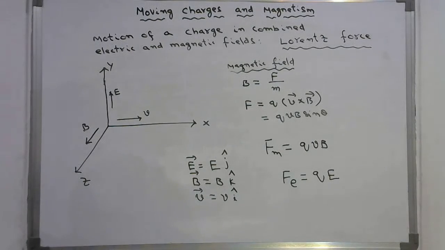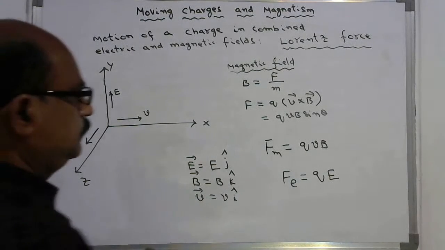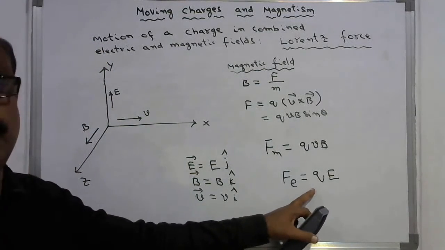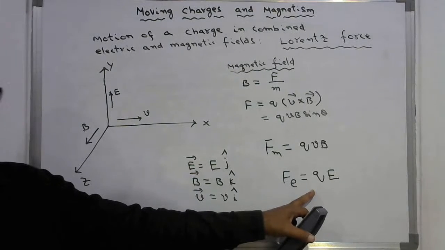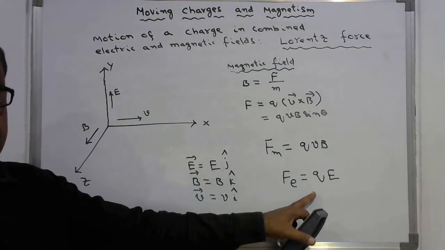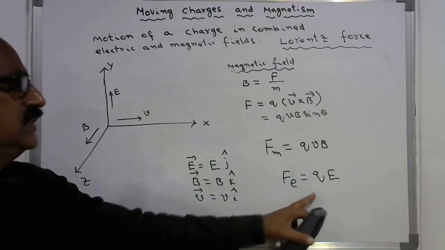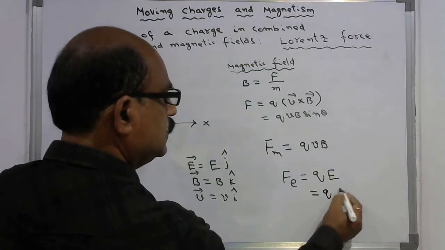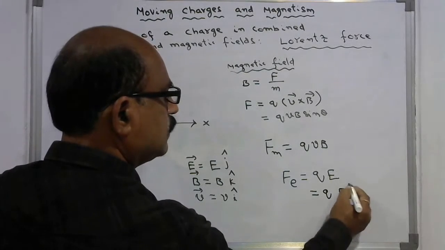Now the force due to the electric field, Fe, is equal to QE. This you can write as Q into E into J cap.